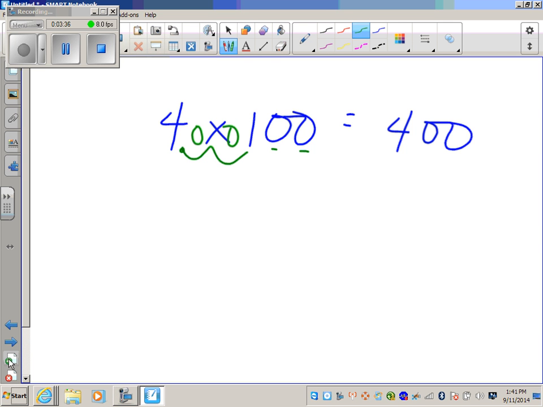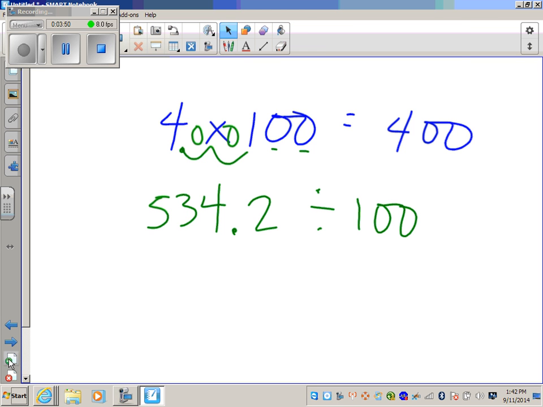So if that's what happens when I multiply, when I divide, divided by 100, now I'm going to move a completely different direction, but since it's 100 and there's 2 zeros, I'll go 2 places to the left when I divide.